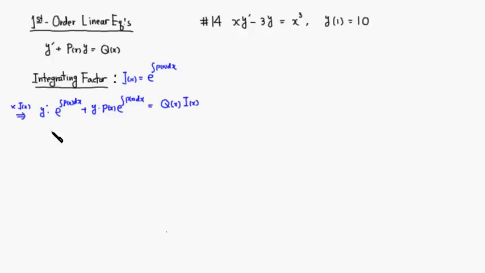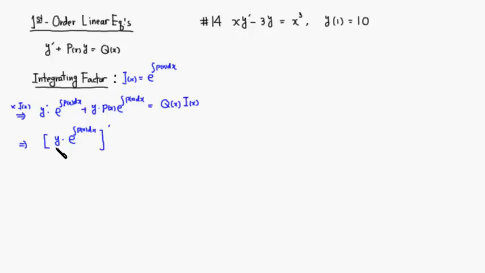Let's look at the left hand side. If you notice, this is actually the derivative of y times e to the integral of p of x dx. This is just the product rule.